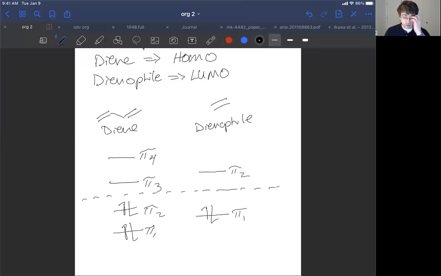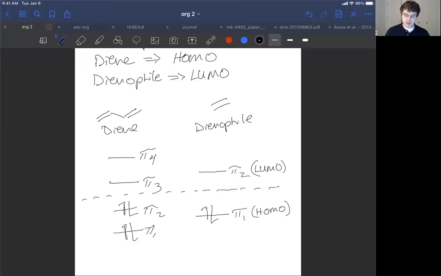Well, let's find the HOMO and the LUMO for each of these systems. I'm going to start with the dienophile. The HOMO is the highest occupied molecular orbital, the highest energy orbital with electrons. That's going to be pi 1 for the alkene. The LUMO is then the lowest energy orbital without electrons. So there's just 2 orbitals. The lower energy one is always the HOMO.